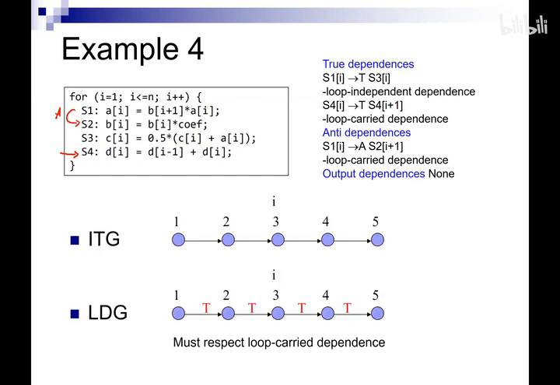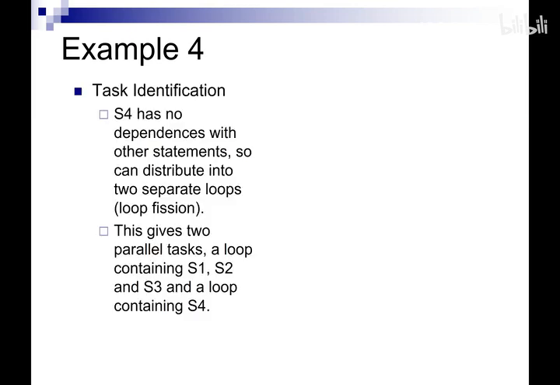So for the ITG and the LDG, because you have these loop carried dependencies from iteration i to i plus 1, the LDG is again just this one big component over here. However, we can again do some kind of loop fission.